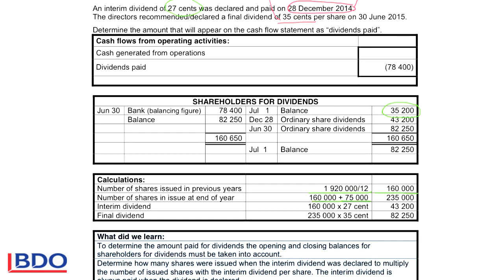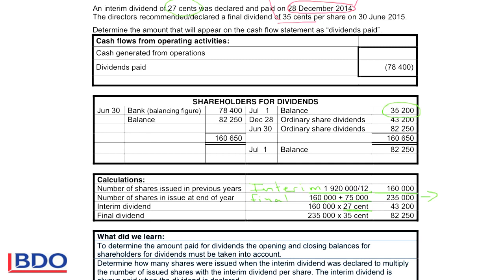So my closing balance for shares that will be entitled on the final dividend is 235,000 shares. So if we just pay attention to it, the number in previous years will be entitled to an interim dividend. The shares that were sold during the current year plus the shares in the previous years will be entitled to the final dividend. Okay, the interim dividend is 27 cents per share.